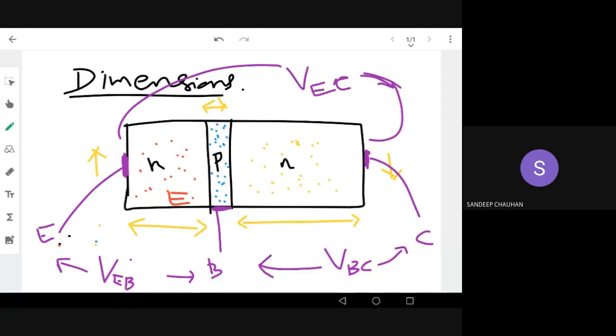Now, how many possibilities of biasing are there? Okay, first of all, we have discussed that emitter is heavily doped, base is lightly doped, and collector is not lightly doped. Collector is moderately doped. That we have to understand. It's not that the doping concentration of collector and emitter is somewhat similar, but emitter doping is somewhat higher.